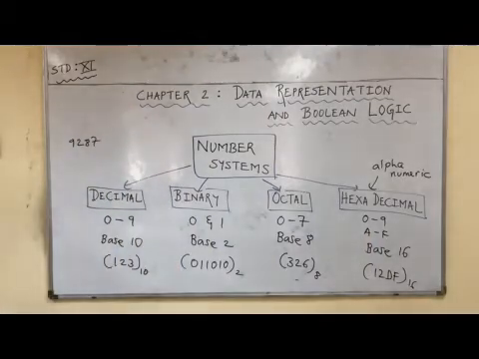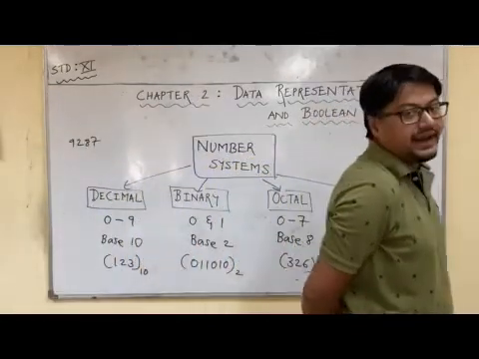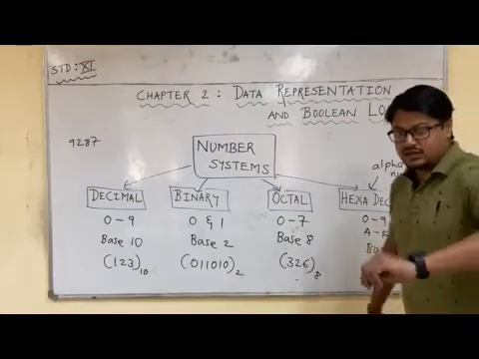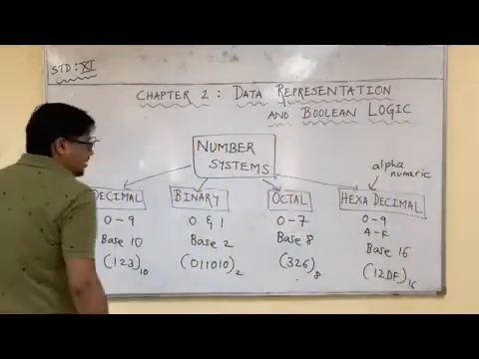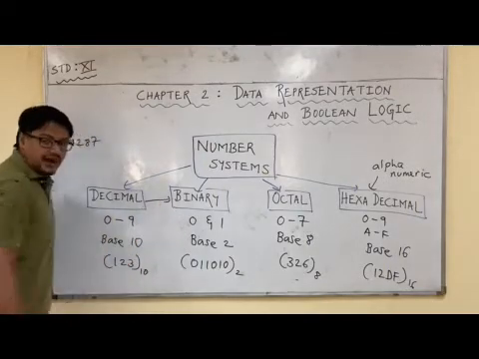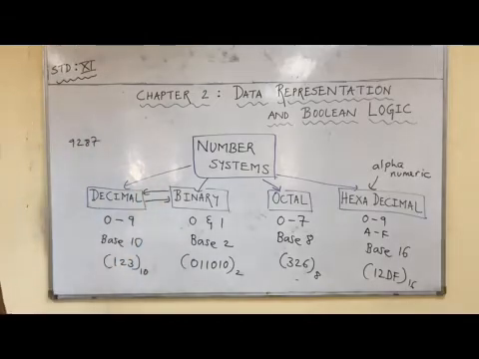So students, these are the 4 number systems which we are going to discuss in detail in this chapter. We will learn to convert between decimal to binary and binary to decimal.